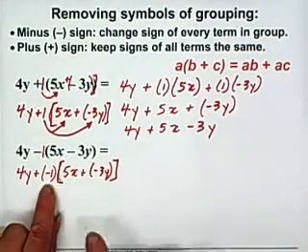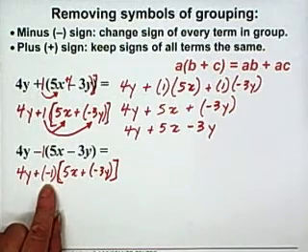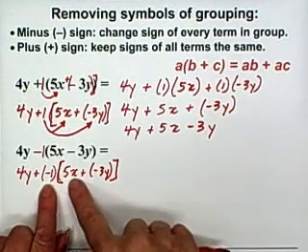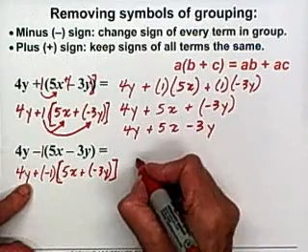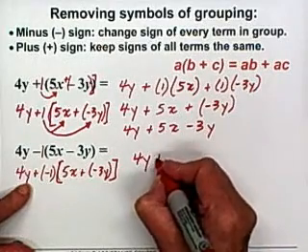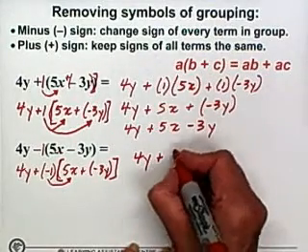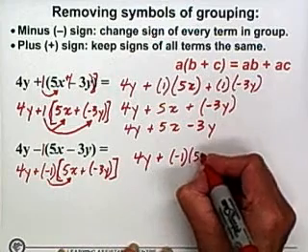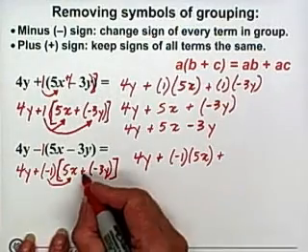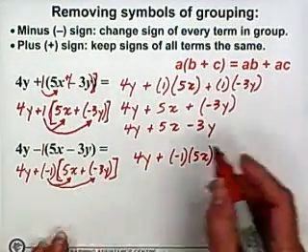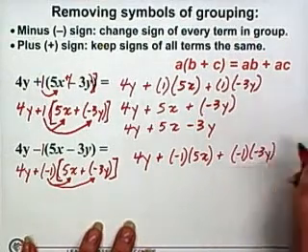Okay, so this then is our A, going back to our distributive law. This is our B and this is our C. So we're just going to multiply them through like we've been doing. So we have 4y plus minus 1 times 5x. So we have minus 1 times 5x. Don't forget the positive sign there, so we put in our plus sign. And we have minus 1 times minus 3. So minus 1 times minus 3y.